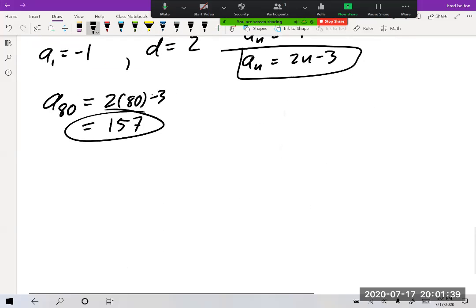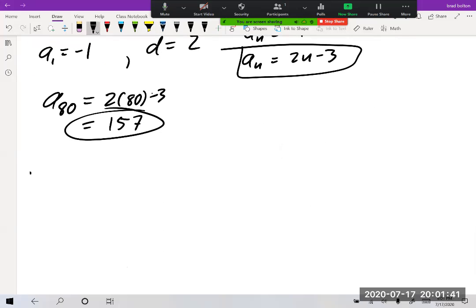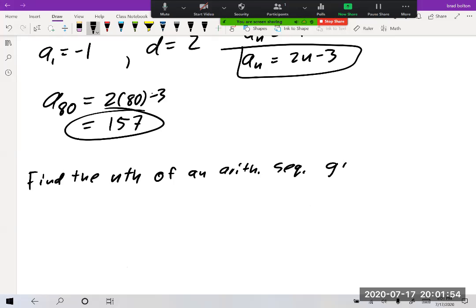So now let's find the nth term of an arithmetic sequence given the following.